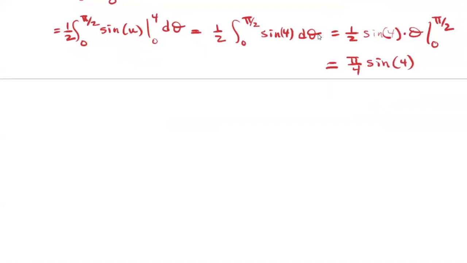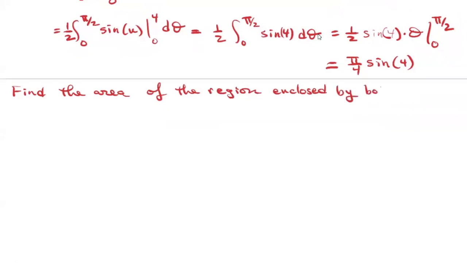This one just says find the area of the region enclosed by both cardioids, r equals 1 plus cos theta and r equals 1 minus cos theta.